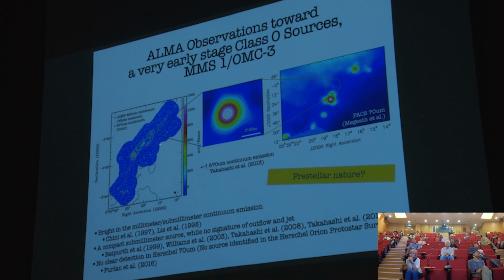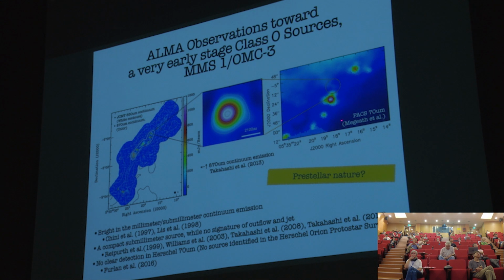MMS1 is located in the north, showing very compact structure. Even in the 70 micron Herschel image, we don't see a counterpart, and previous observations don't show any signature of an outflow or jet.